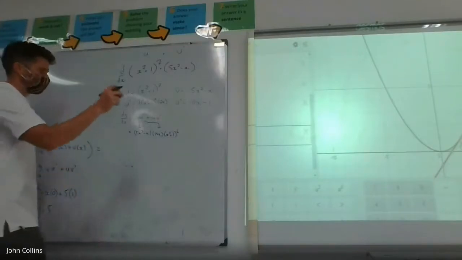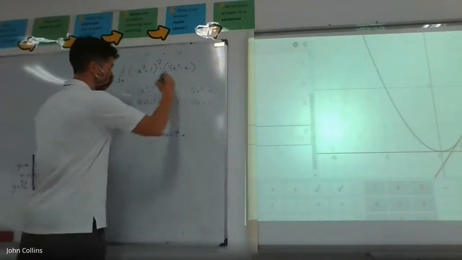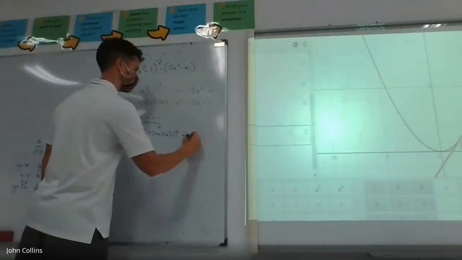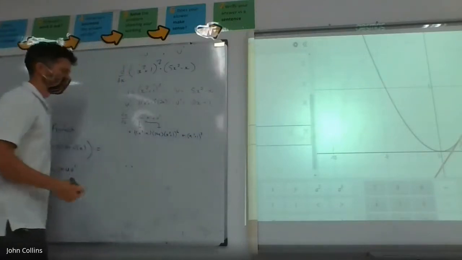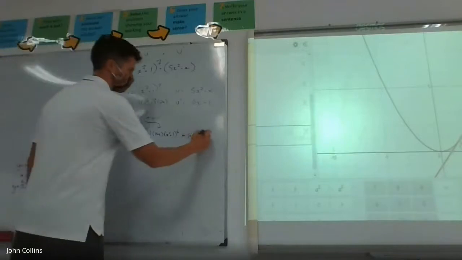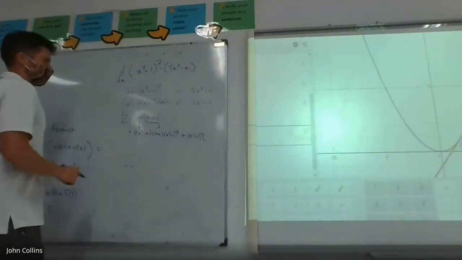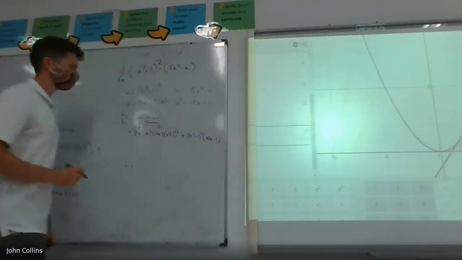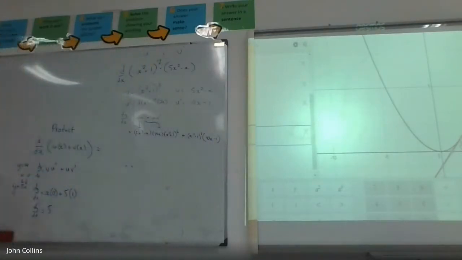That's v times u dash. Now I'm going to do u, which is x squared plus 1 to the 7, times v dash, which is 10x. Now, you could factor out maybe an x squared plus 1 to the power 6, perhaps.